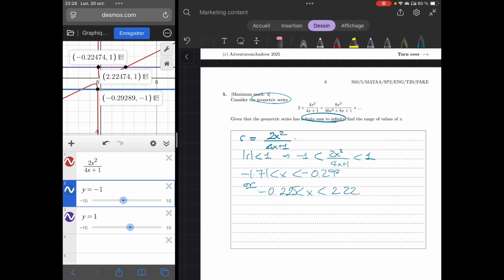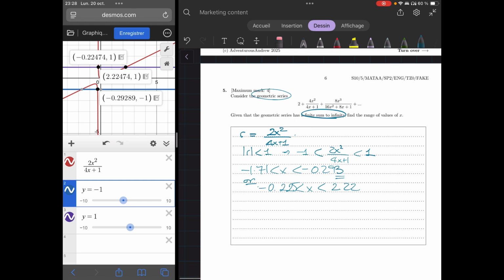I'm gonna take another decimal place here so that we have 3 significant figures for all of our answers. And this is the end of the question.